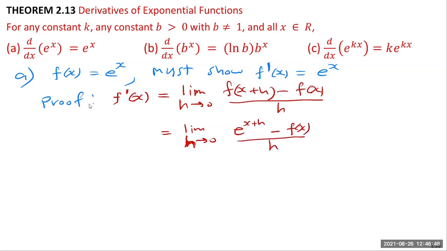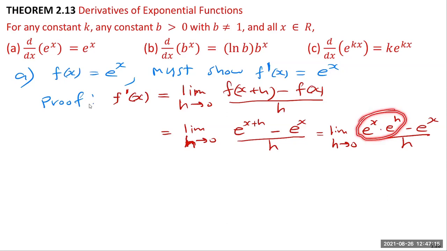Oh, by the way, this f of x is nothing but e to the power x, so I can put e to the power x here. Now I'm going to write e to the power x plus h as e to the power x times e to the power h, minus e to the power x, divided by h. You know, by exponent rules that you learned in your pre-calculus class, these two are the same.